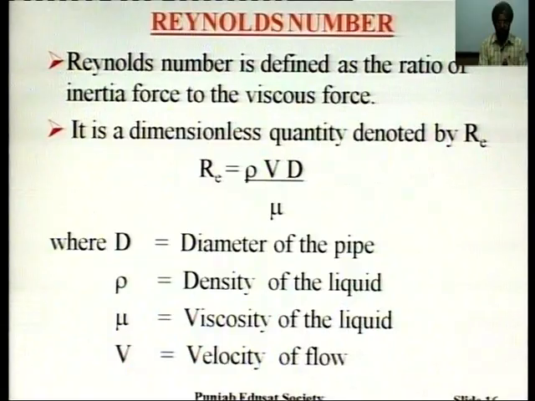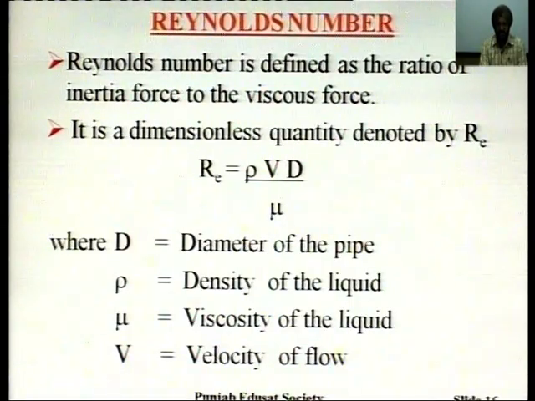Now we are repeating one word again and again: Reynolds. Of course, it's the name of a scientist, but it's also concerned with a very important number, the Reynolds number. Now what is it? Reynolds number is defined as the ratio of inertia force to viscous force.